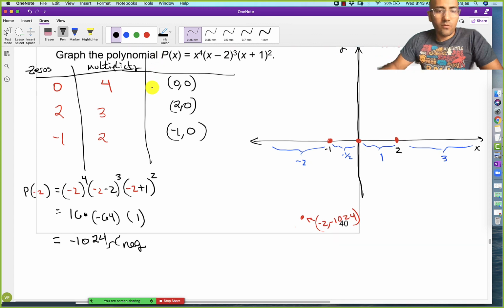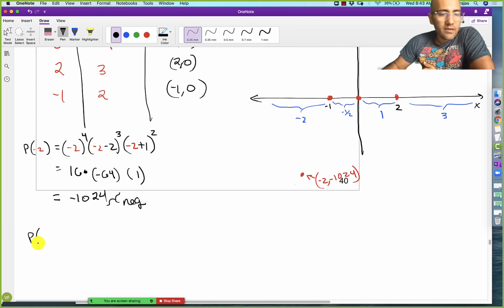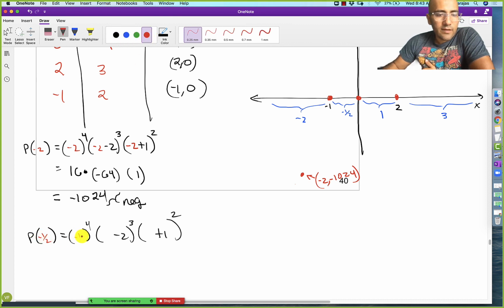Okay, so now we figure out a point in between here. So -1/2. P of blank equals blank to the 4th power, blank minus 2 to the 3rd power, blank plus 1 to the 2nd power. Now I'm going to plug in those -1/2s everywhere. That's going to be positive 1 to the power of 4, which is going to be positive 1 over 16.